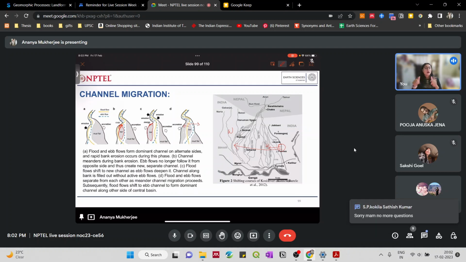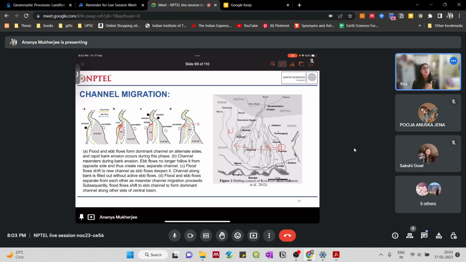Okay, how these processes are dependent on the flow velocity, on the sediment supply, on the sediment size, sediment type, the amount of discharge. Okay, and then again there is a play between these aspects and the nature of channel patterns that are being created, how they are going to affect your drainage basin development, drainage density.